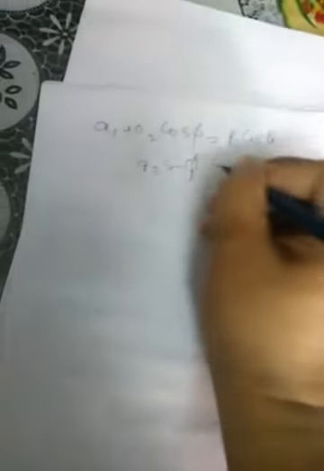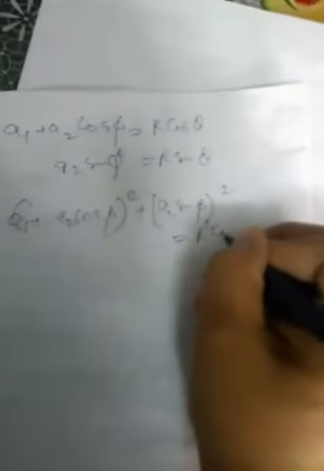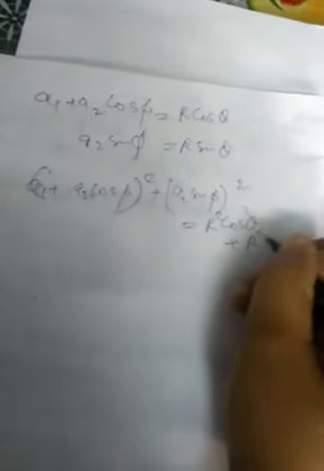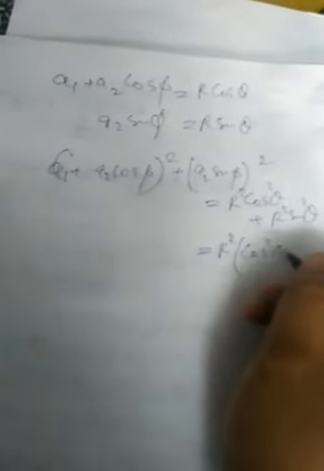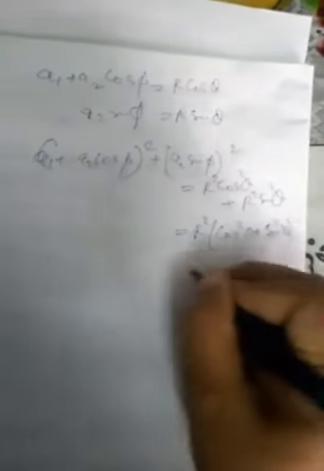So what was that? a1 + a2 cos φ was equal to R cos θ, and a2 sin φ was equal to R sin θ. Now squaring and adding: (a2 cos φ) whole square plus (a2 sin φ) whole square is equal to R square cos square θ plus R square sin square θ. On the right side you will get cos square plus sin square, which is the simple value 1. That means it will be equal to R square.